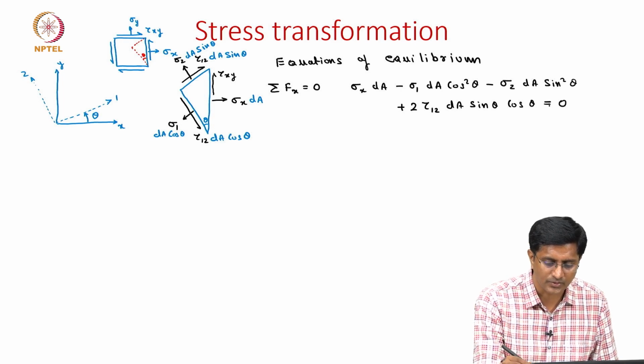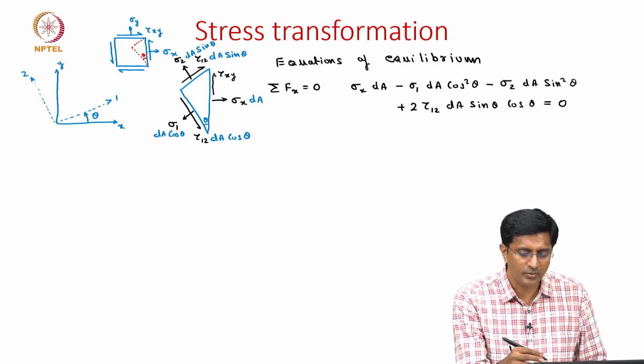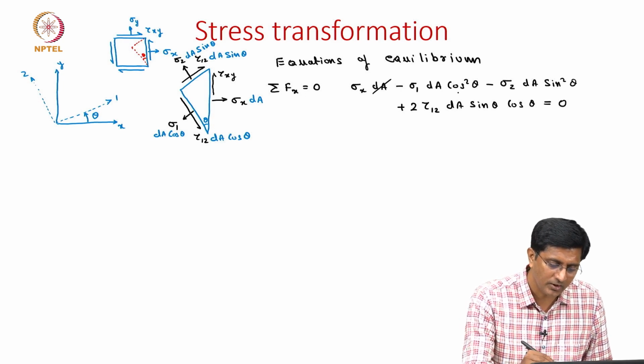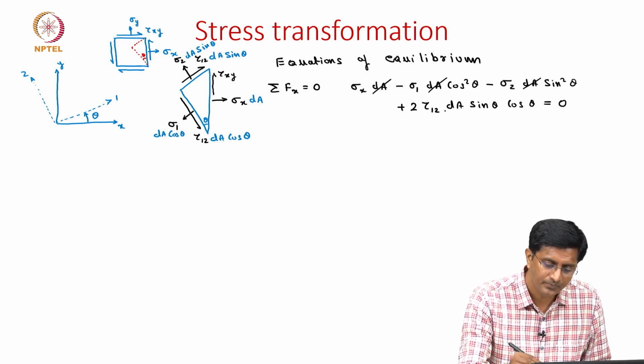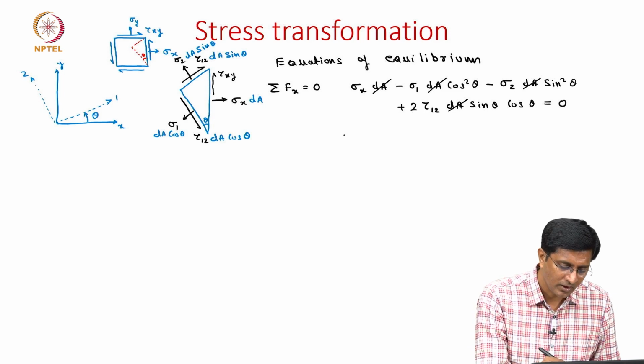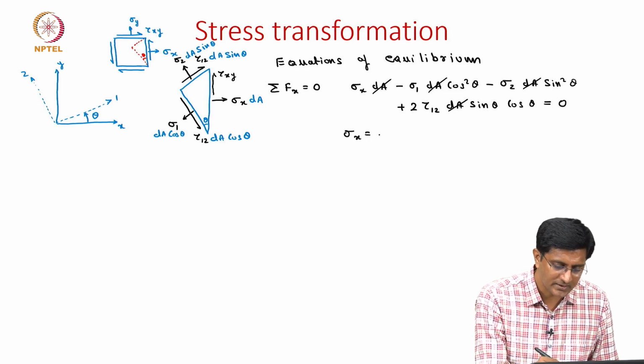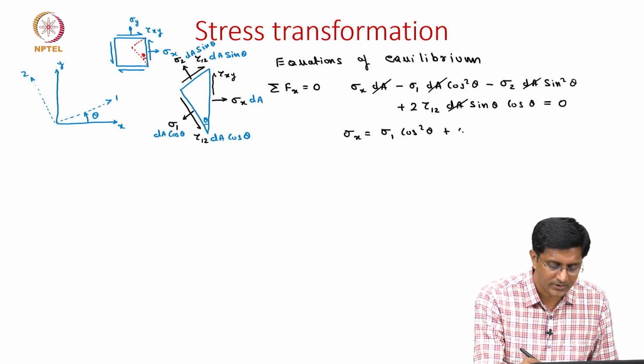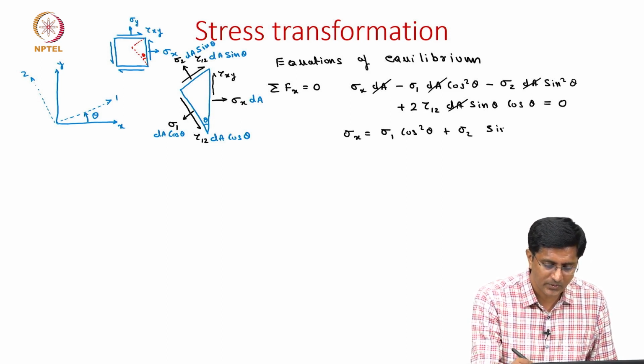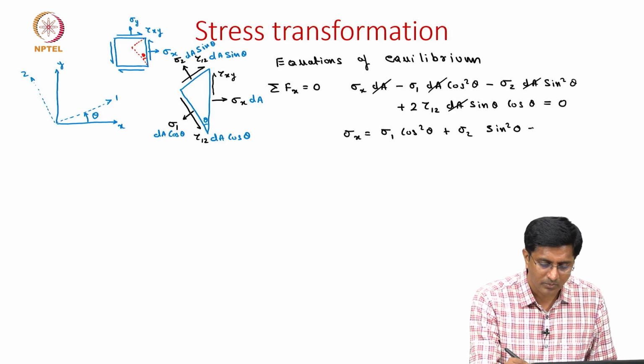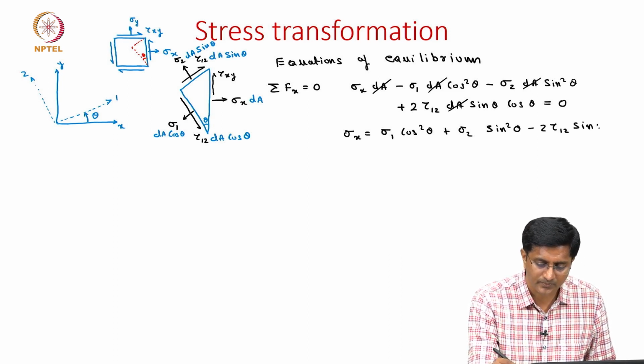all going to 0. Since we notice that dA is common in each of these terms, that can be removed and then I should be able to write sigma x as sigma 1 cos square theta plus sigma 2 sin square theta minus 2 tau 1 2 sin theta cos theta.